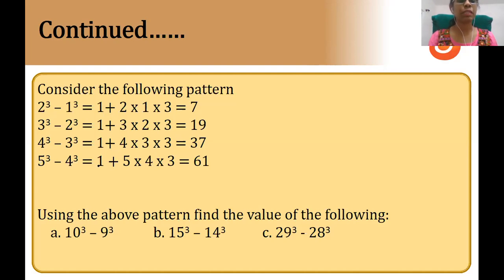Cube of 4 minus cube of 3 is 1 plus 4 multiplied by 3 multiplied by 3. Cube of 3 minus cube of 2 is equal to 1 plus 3 multiplied by 2 multiplied by 3. Here always 3 will come. These are the two numbers whose difference we are taking, 3 and 2, plus 1.